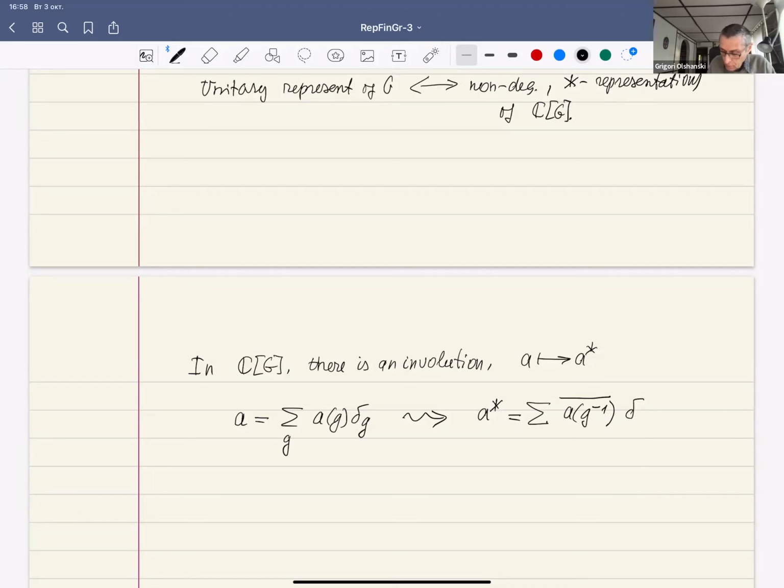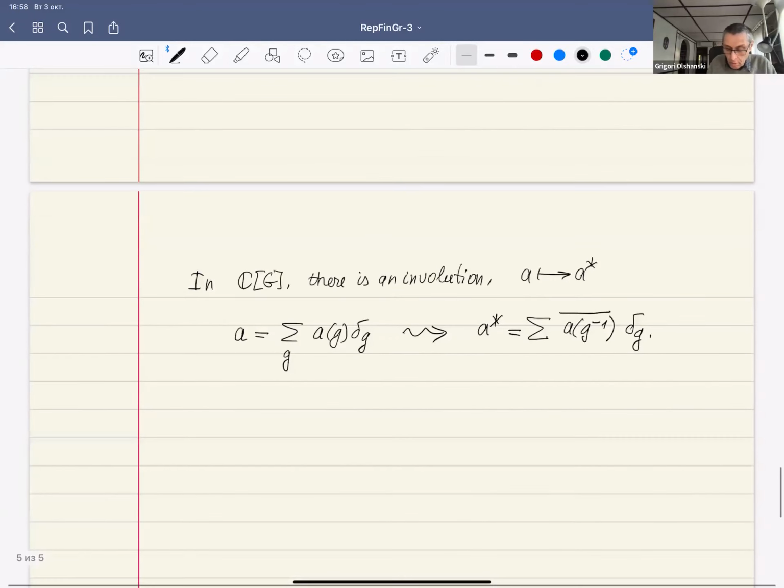And a representation of an involutive algebra, so this object, an algebra A and an involution, such a couple is called an involutive algebra.